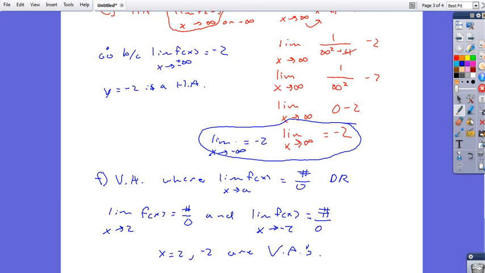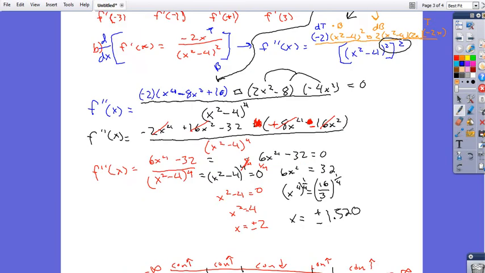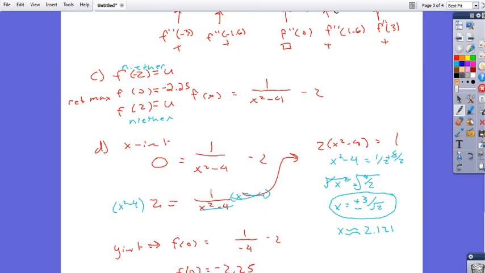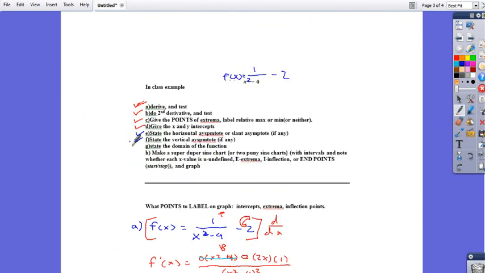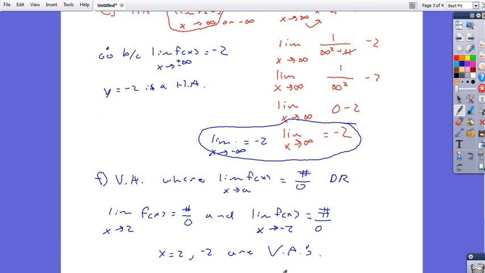Now, we need to state the domain. We've already basically found the only domain restrictions. So it's continuous everywhere except for those vertical asymptotes.